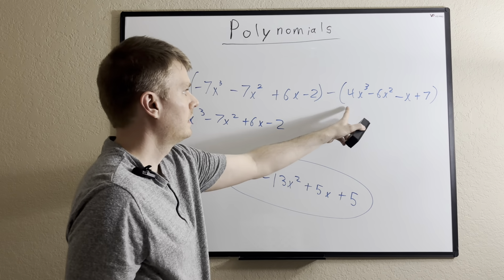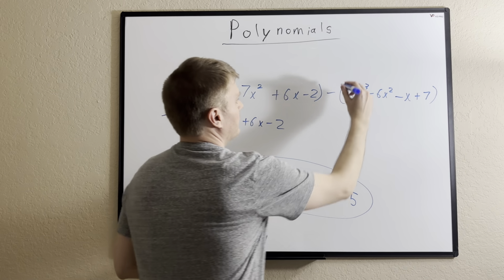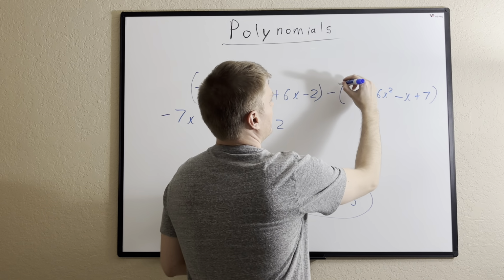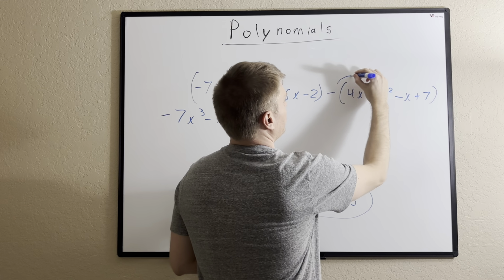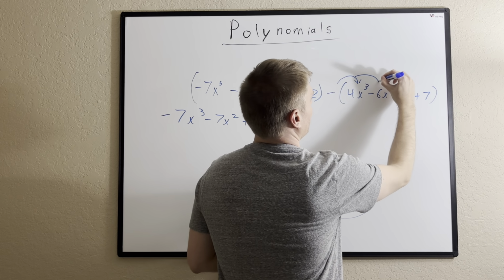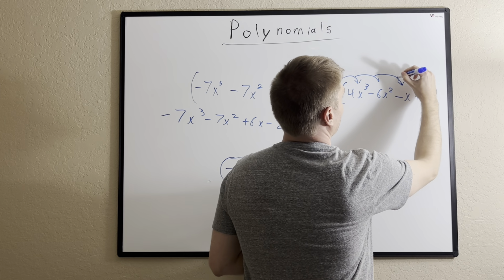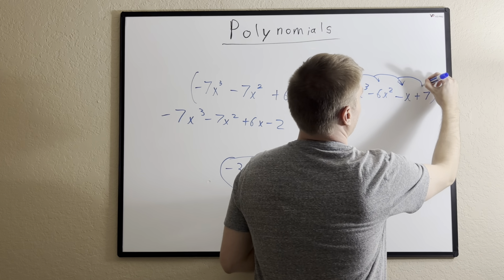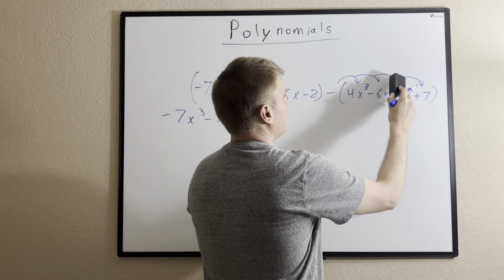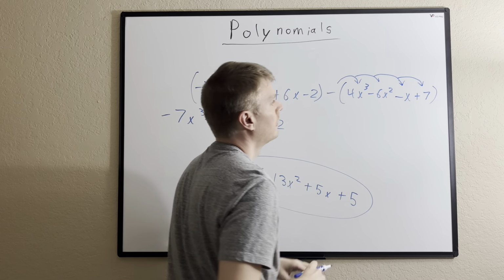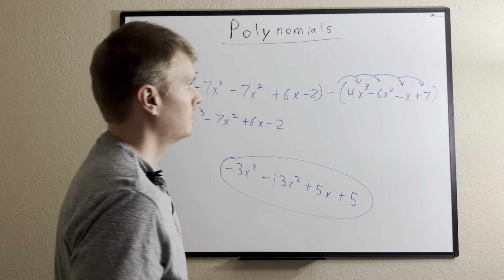But this one, now you have to use the distributive property. This distributive property takes that number and it multiplies it by every single term in that polynomial.